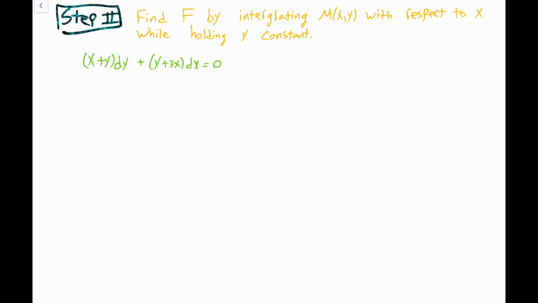We'll find f by integrating M of x,y with respect to x while holding y constant. And that's just because the partial derivative of f with respect to x happens to equal M. So M is this y plus 3x. So we can say that the partial of f with respect to x is equal to y plus 3x.